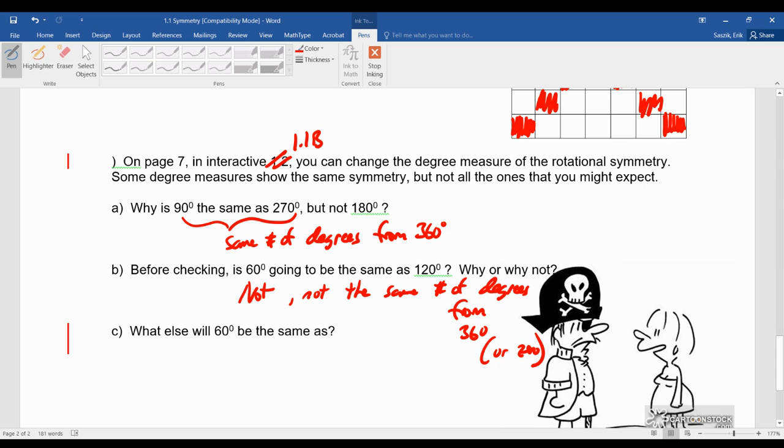See, 120 is going to cover fewer spots. 60, what would that be the same as? That would be the same as 300, because 60 degrees away from 0, and that would be in each direction. So 60 from 360, you have one direction versus the other. Play around with it. Should make sense.